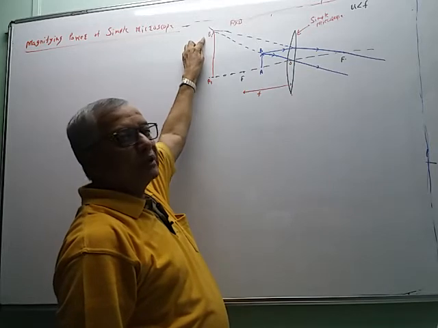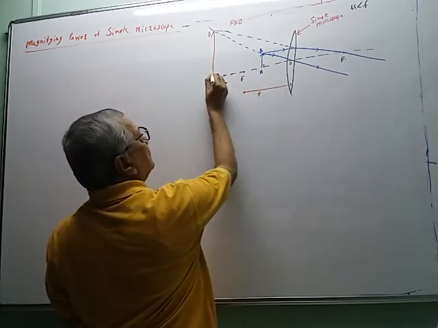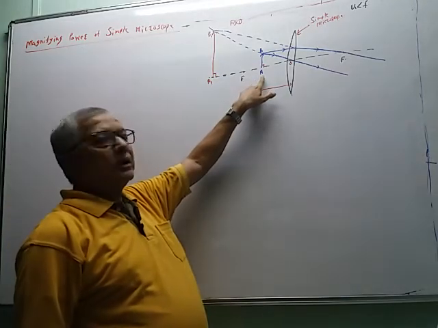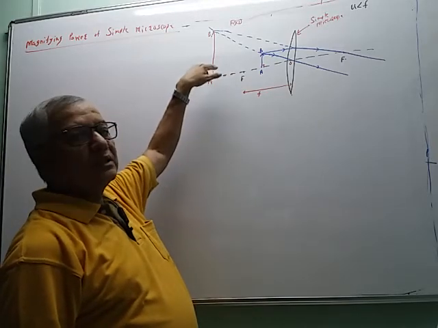We got the image of B at B1. Now the object is kept perpendicular to the principal axis. Therefore, the image is also perpendicular to the principal axis. This lower end A is on the axis. Therefore, its image A1 is also formed on the axis. So A1B1 is the image here.